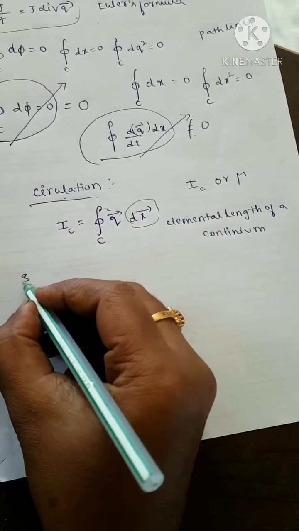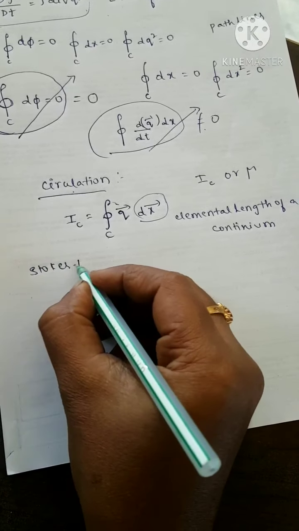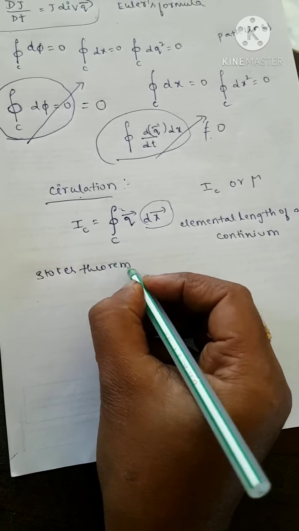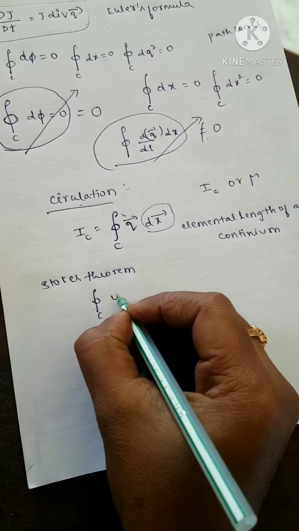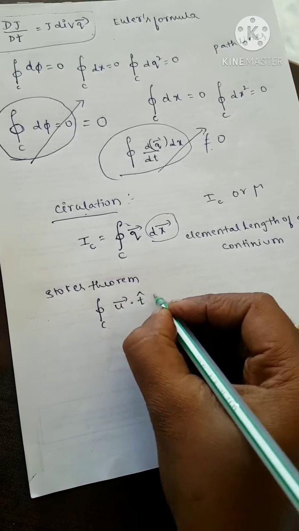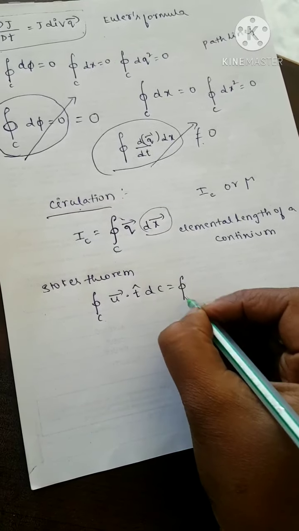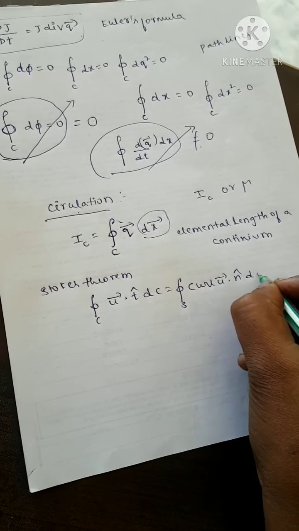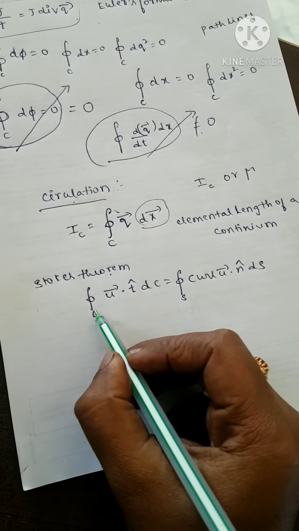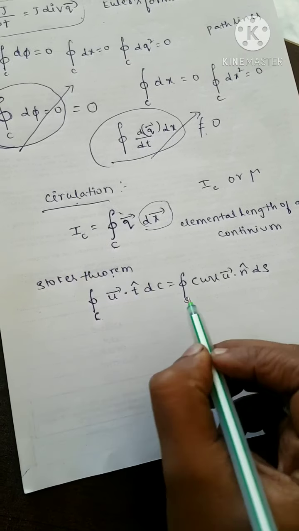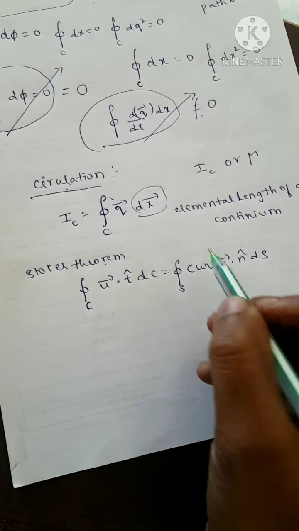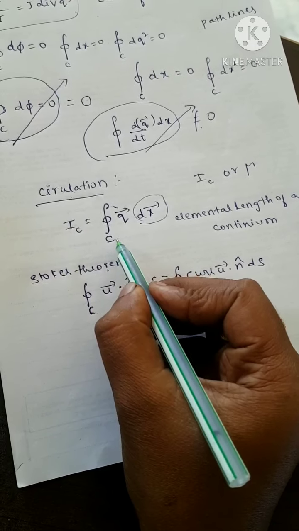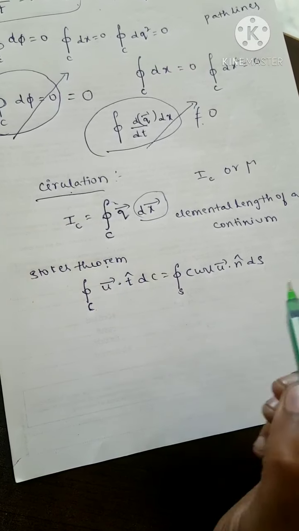Now, from the Stokes theorem for vectors, you already know that as per the definition of Stokes theorem, the integral of u dot t cap dc is equal to the integral over S of curl u dot n cap into ds. Stokes theorem we are mainly using to convert the closed curve integral into a surface integral. So here you have a closed curve integral. Let me convert the same in terms of a surface integral.